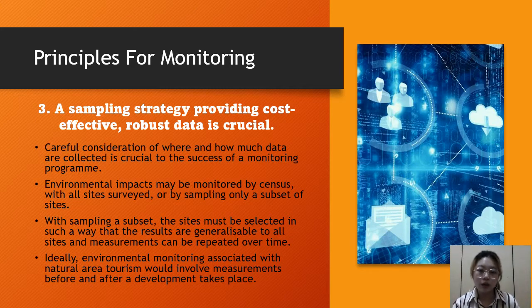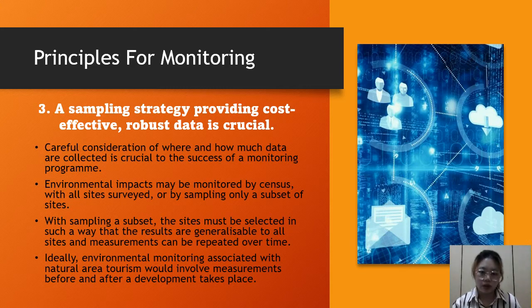The environmental impact might be monitored by census, with all sites surveyed, or by sampling only a subset of sites. With sampling a subset, the sites must be selected in such a way that the results are generalizable to all the sites and measurements can be repeated over time.